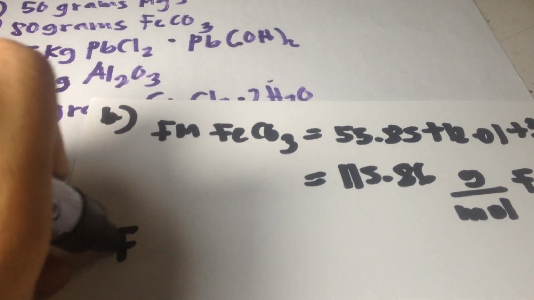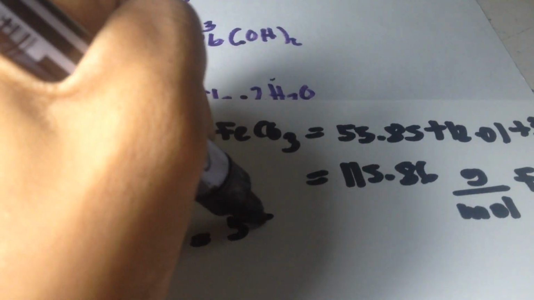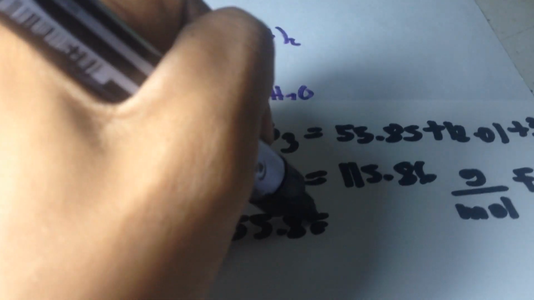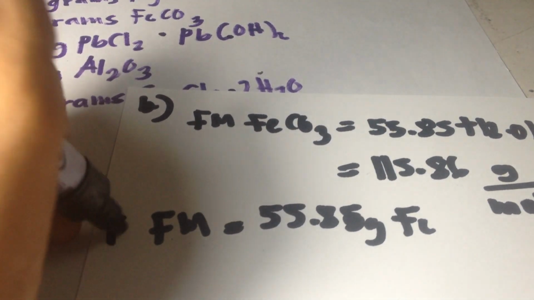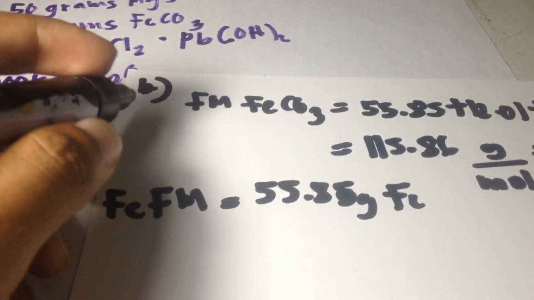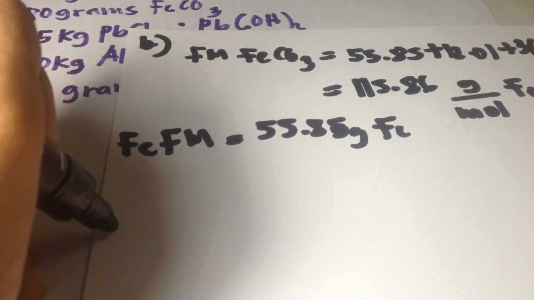And the formula mass of iron is 55.85 grams per mole. So let's calculate the mass of iron.